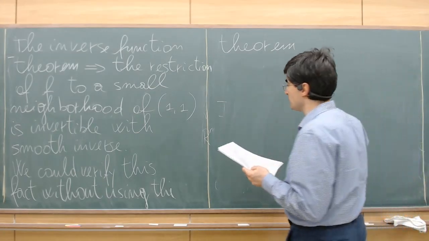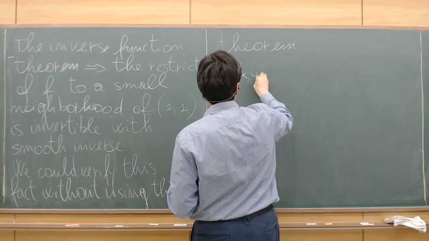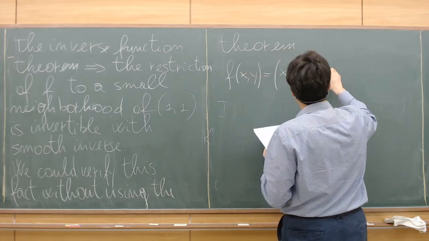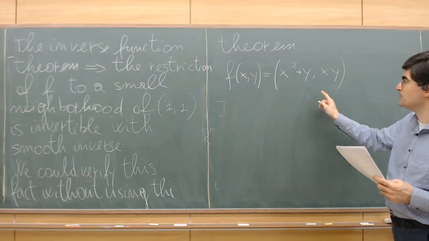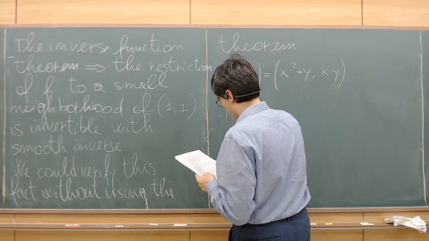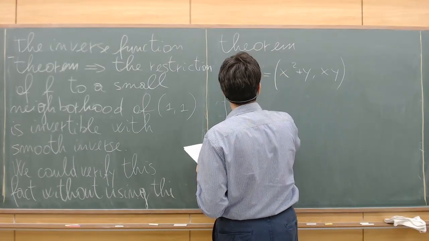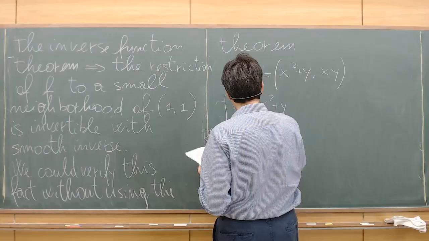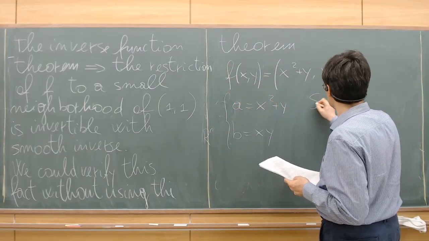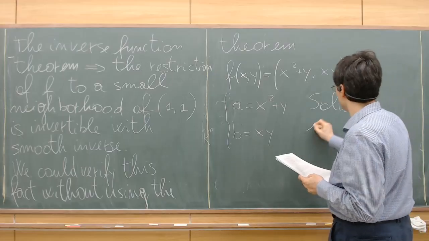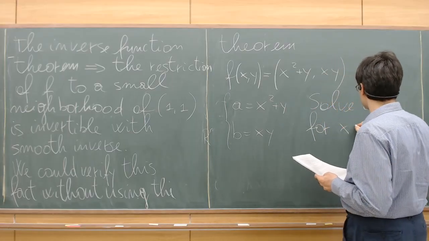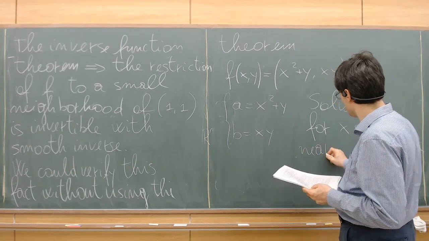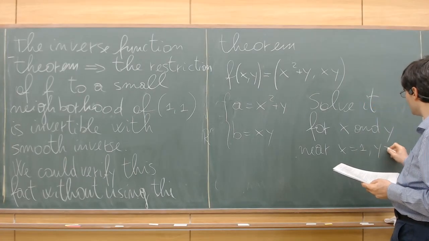How can we do this? We look at the formula for the function, and we try to find an inverse by solving the system a equal x squared plus y, b equal x y, so solve it for x and y near x equal 1, y equal 1.